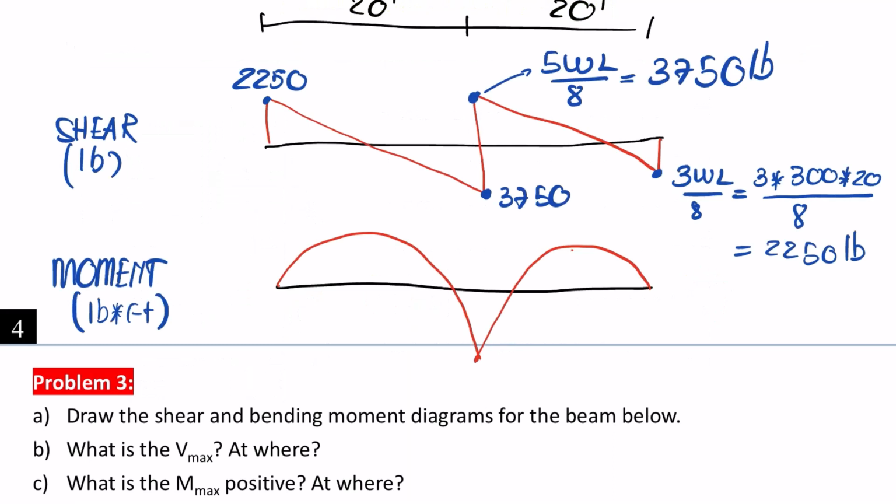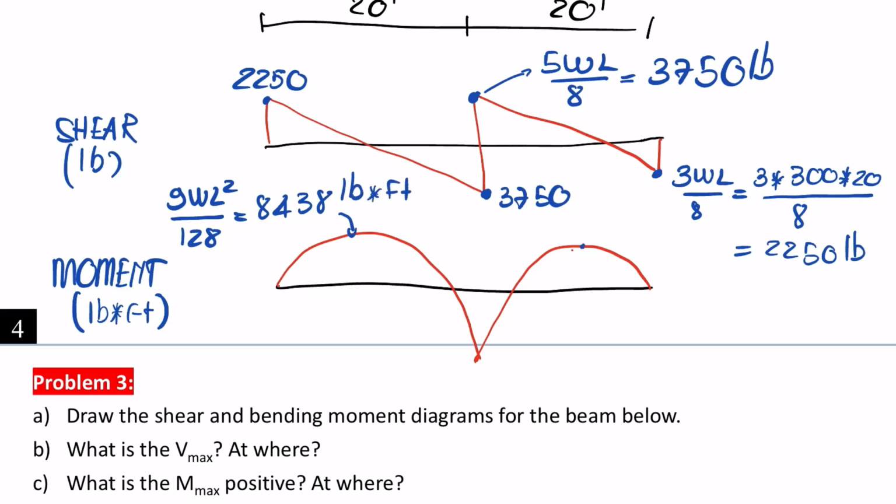So this one over here, 9WL squared divided by 128, will equal 1438 pound foot.